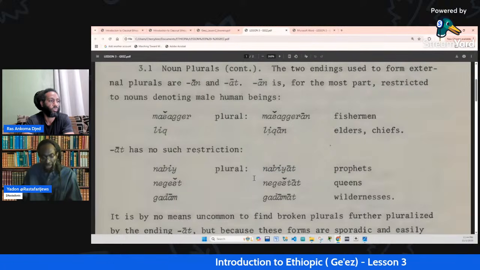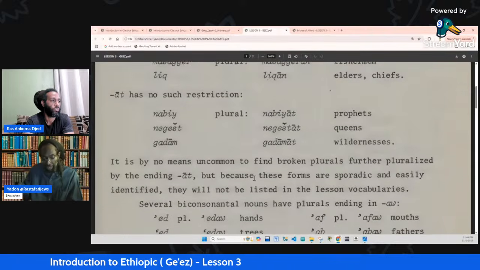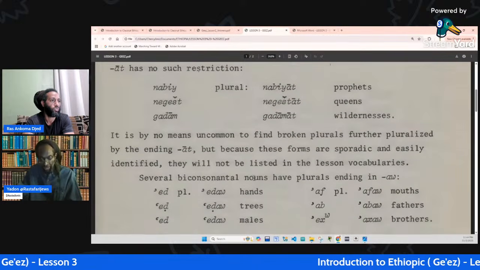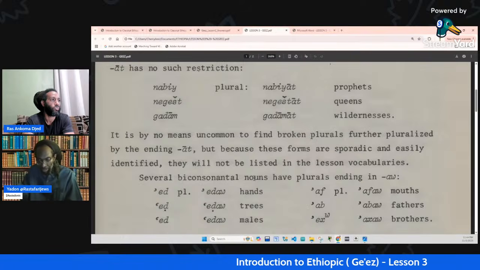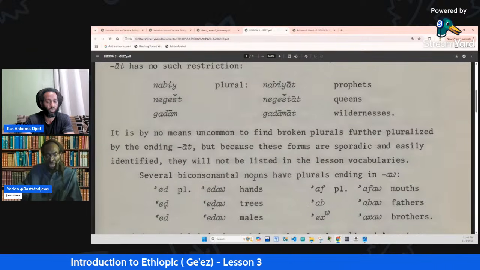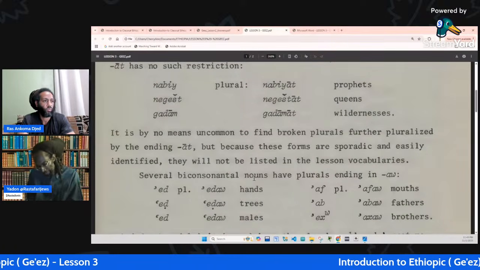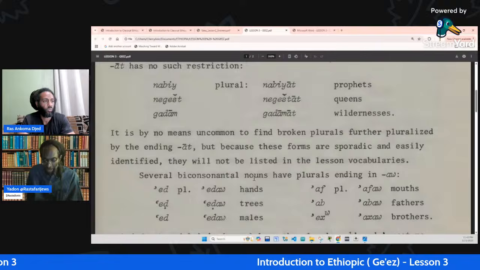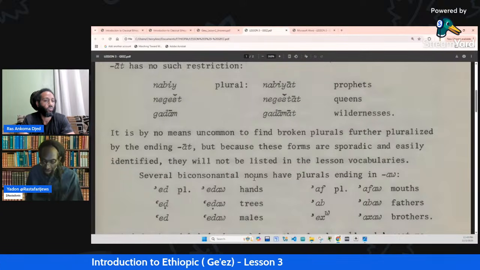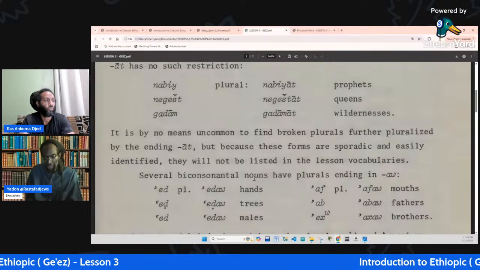Negisht is queen. In Amharic Negist, but here Negisht. Then we have queens, Negistat, like the queen of queens. In Amharic, right? So here we have Negistat, queens.